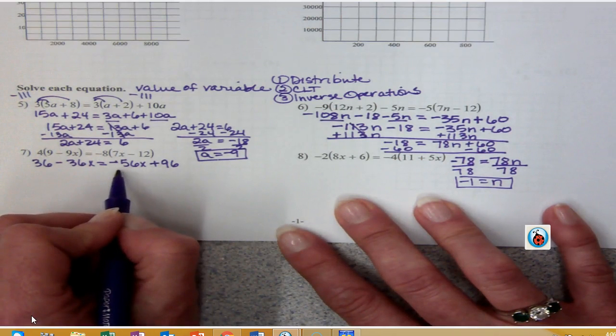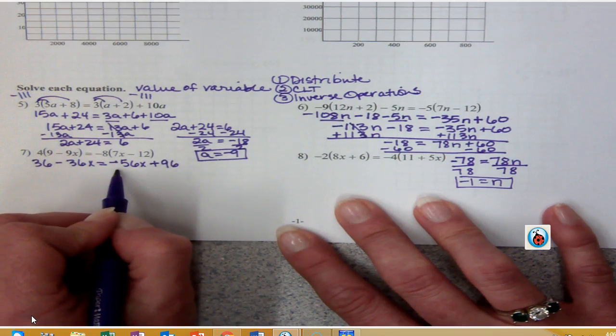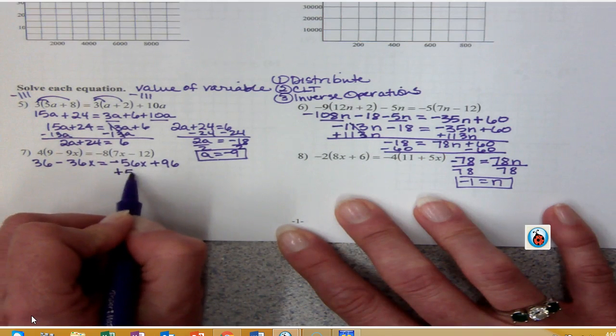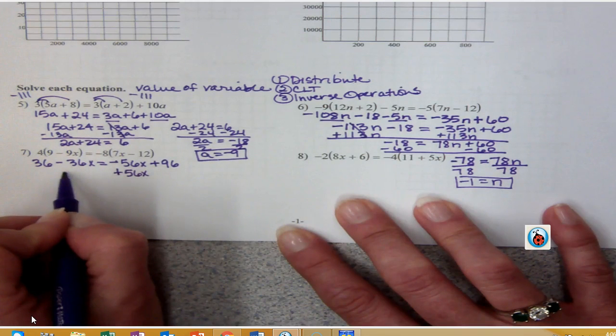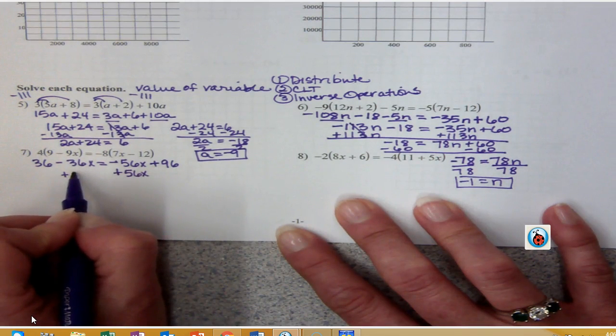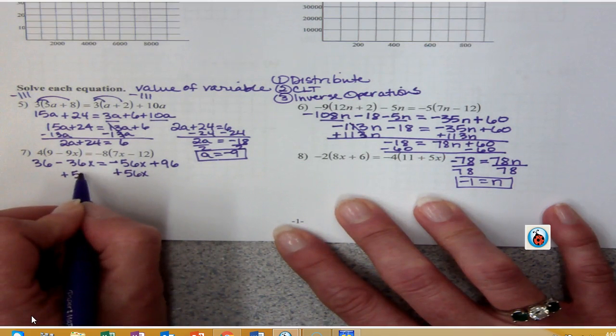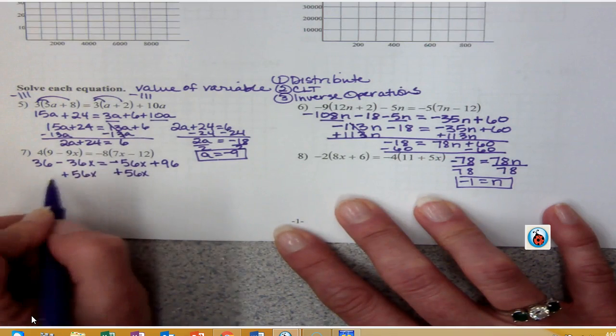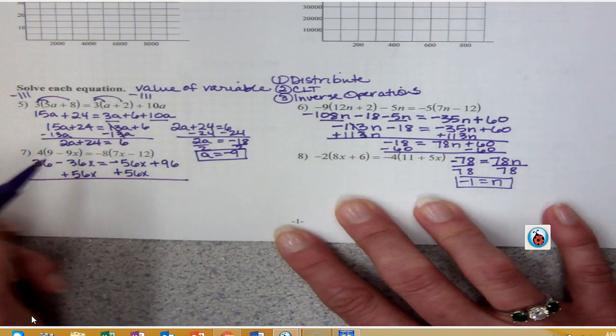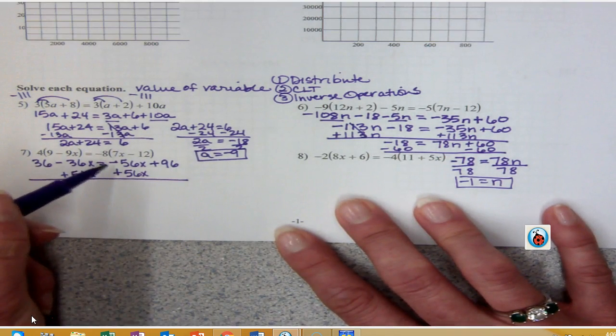So I'm going to add 56x to both sides. It does not matter if I add 36x or 56x. It's just a matter of making sure that when you add them, you do your math correctly.